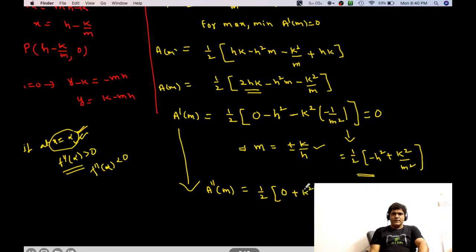This is nothing but 1 by m square, that means m power minus 2. Now the differentiation of m power minus 2 is minus 2 times m power minus 2 minus 1, that is minus 3. This is A double dash m, that is 1 by 2 times minus 2k square by m cube.